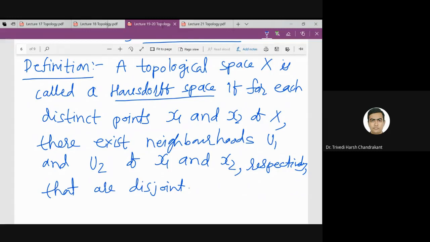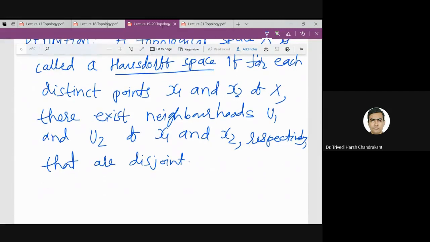So what is a neighborhood? Neighborhood means open set. In a topological space, neighborhood means open set. We know topology means we know the elements of the topology, and we know that elements of the topology are open sets. So elements of tau are open sets.